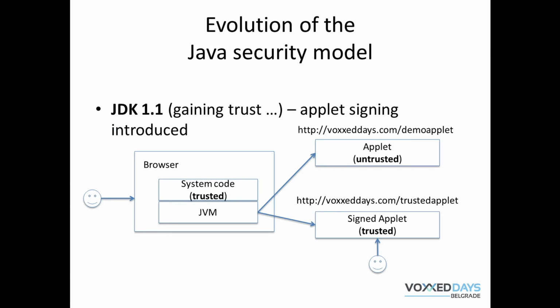So the guys at Sun at that time decided to introduce the notion of a signed applet, meaning that you can sign an applet file, the jar file of the applet, with some certificate, and then you can deem that signed applet as a trusted source of information. So basically, when you deploy signed applets as part of a website, they are all trusted and they can do whatever they want with the system.